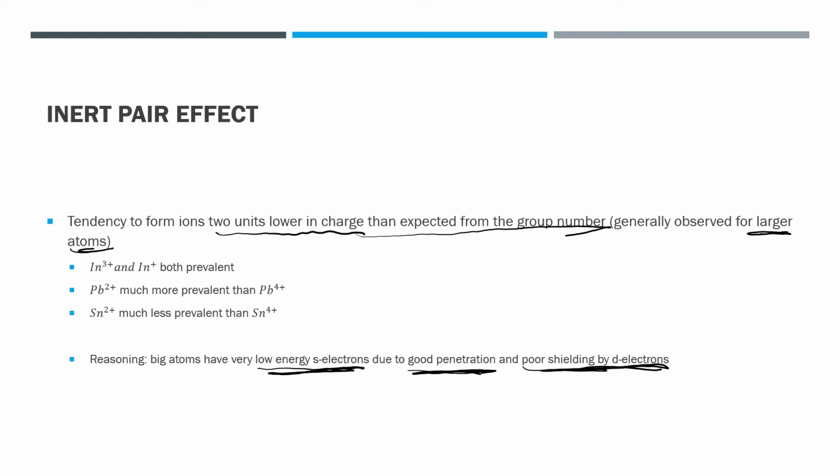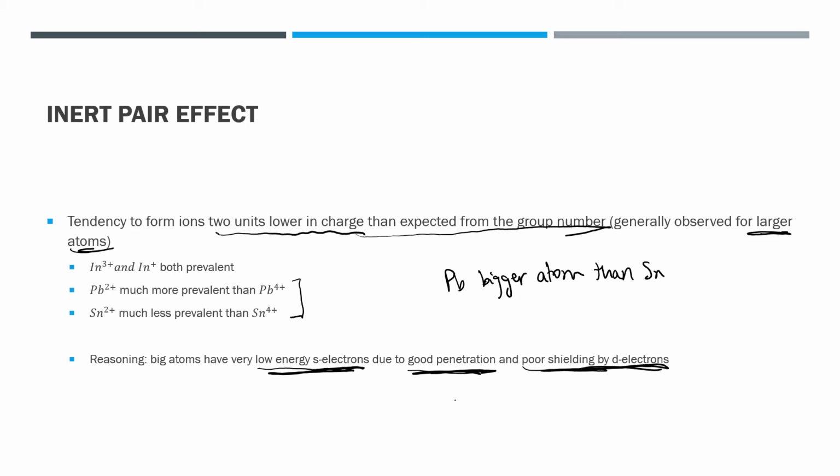Whereas if we look at lead and tin, they're in the same group, but lead is a bigger atom than tin. So we would think that lead is much more affected by the inert pair effect because the s electrons are much lower in energy. And this is exactly what we see.